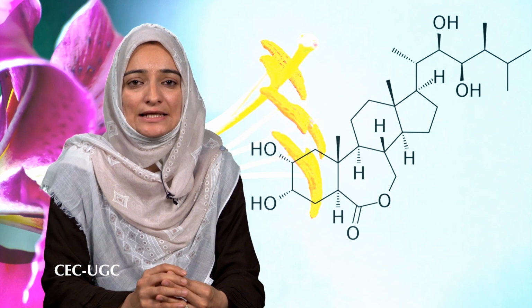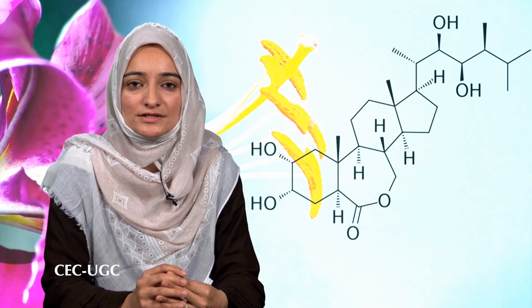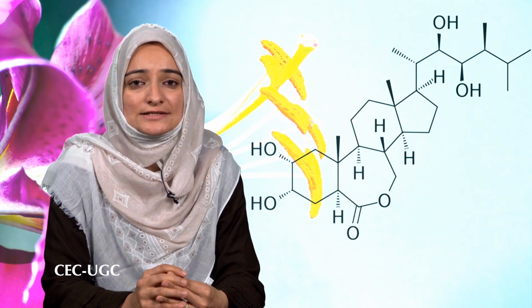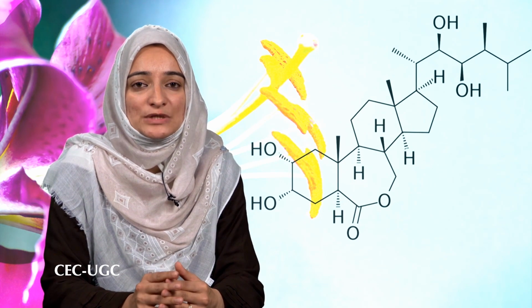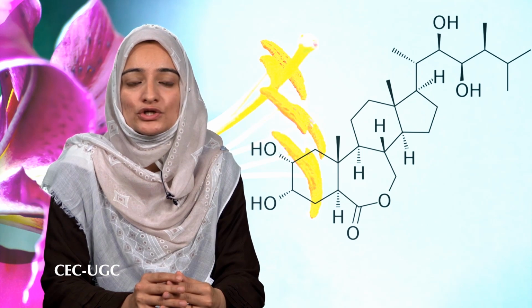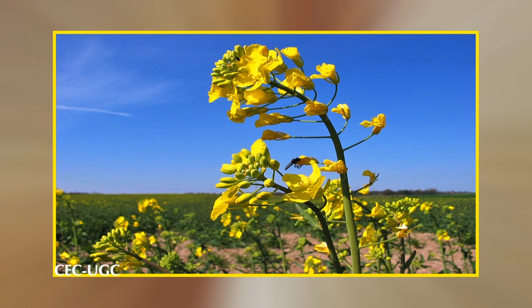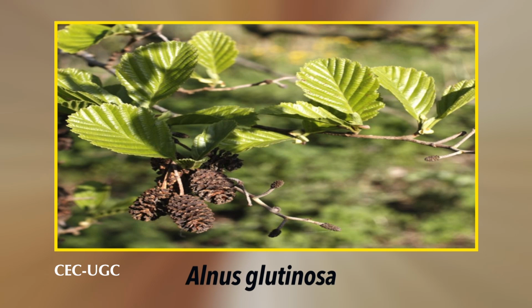A major screening effort was mounted by the US Department of Agriculture. Pollen extracts from some 60 different species were tested in various bioassays and shown to have varying amounts of growth promoting activities, with pollen from rape and alder showing some of the highest activities.